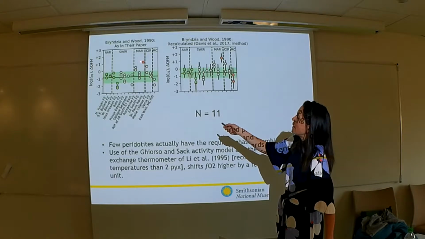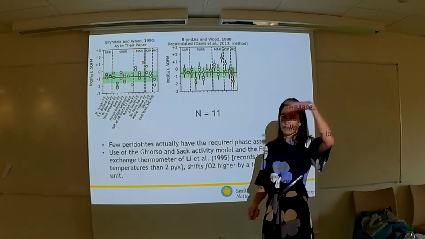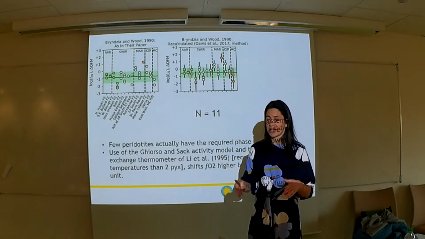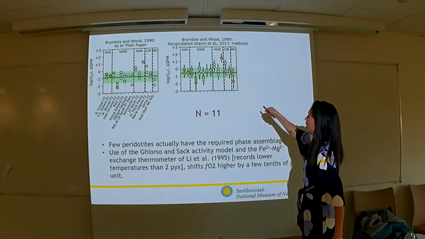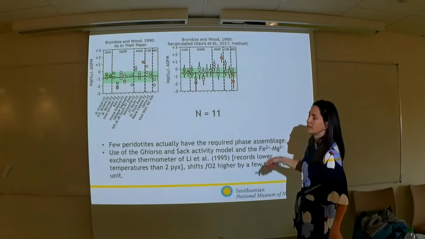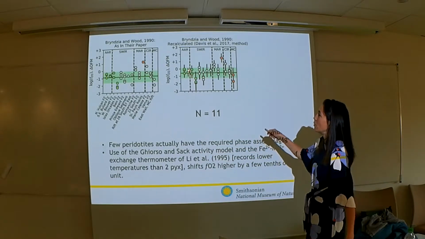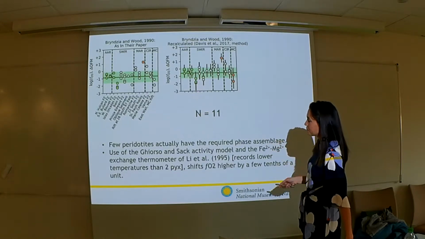There's a few, this orange one, for example, from St. Paul's Rocks, Brinsian wood eliminated that because it's not at a spreading ridge, right? It's kind of a weird location in the Atlantic Ocean. If we eliminate the samples that are off-axis at ridges, and we only look at samples at ridges and only at samples with the phase assemblage that we need, we have 11.